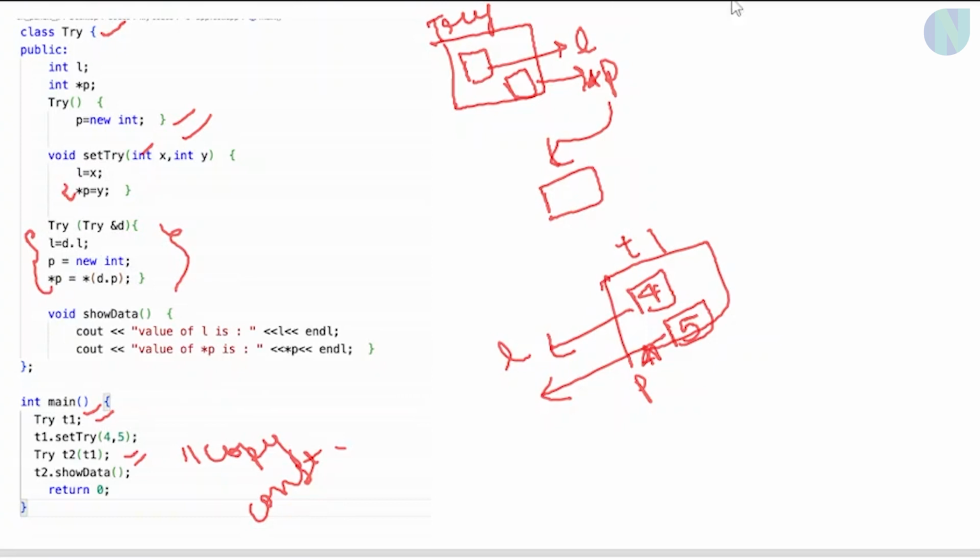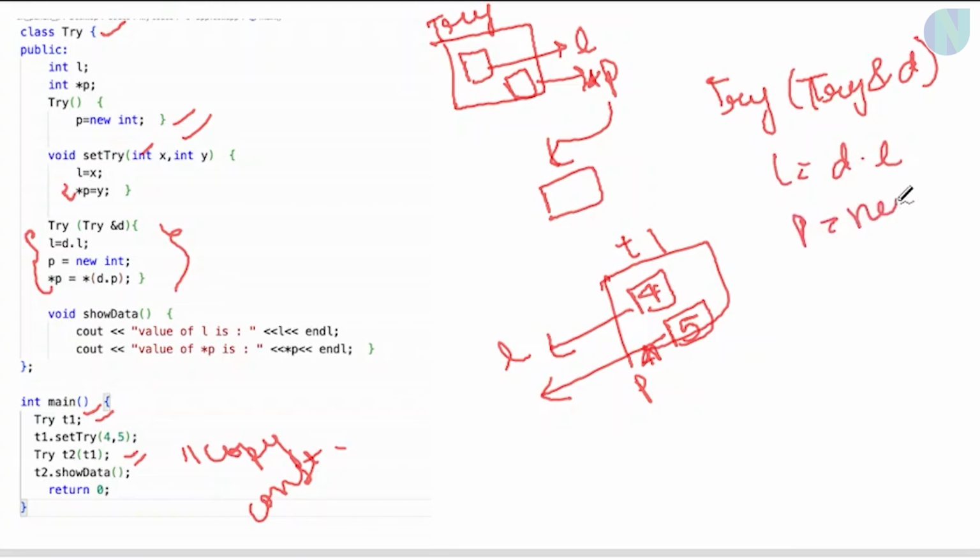So here we are writing try ampersand d, and l is equal to d dot l, and p is equal to new int, and then star p is equal to star d dot p.